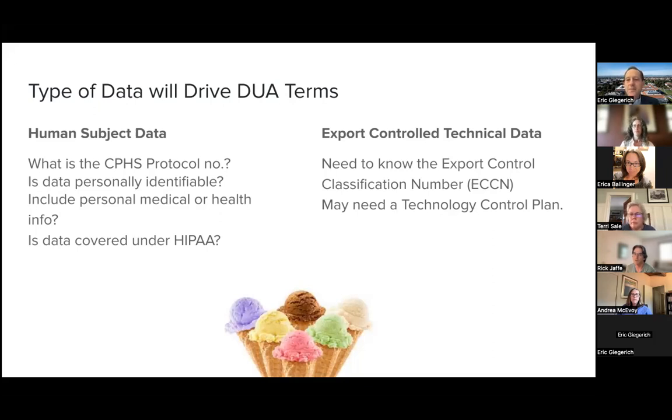We would need to know the export control classification number, or the ECCN, and you may need a technology control plan, sometimes called a TCP. There are other types of data as well, but what the data type is and what its status is can determine what kind of terms you'll see in your data use agreement.